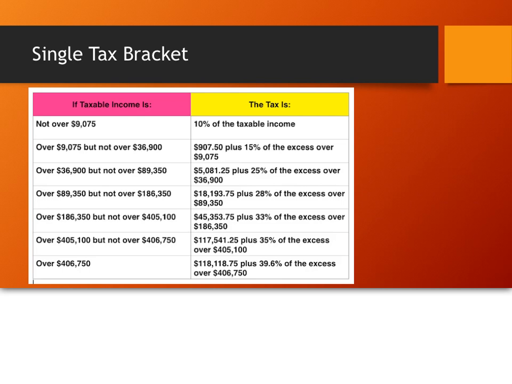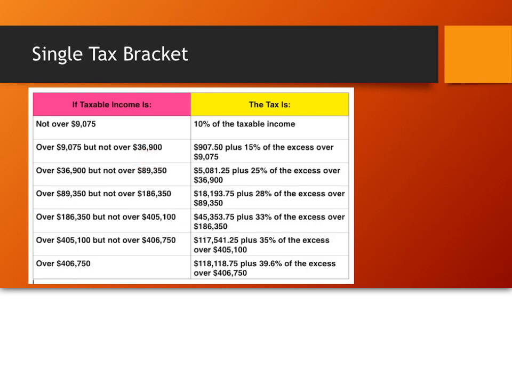Now, if you think about that, what's actually happening is that $907.50 is really the 10% tax on the first $9,000. So it's only after the $9,000 that the 15% is applied. And 15% is applied from anywhere from $9,000 to $36,900.